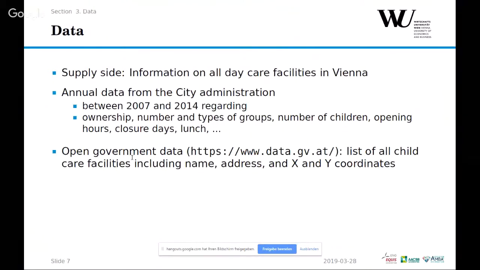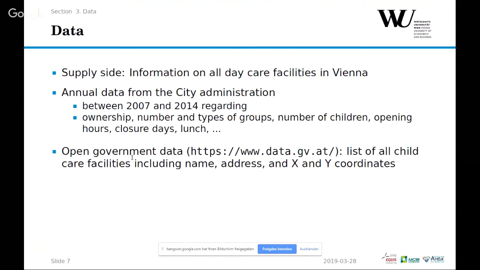We used a data set that, as I said, contains all daycare facilities in Vienna. We have annual data that we got from the city administration for the years 2007 to 2014. But really, to answer our research question, a simple list of all childcare facilities, including the name and the address, would have been enough.